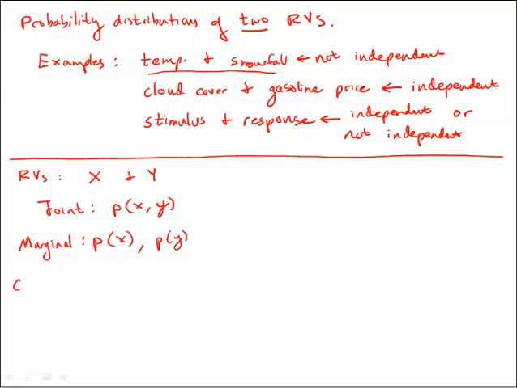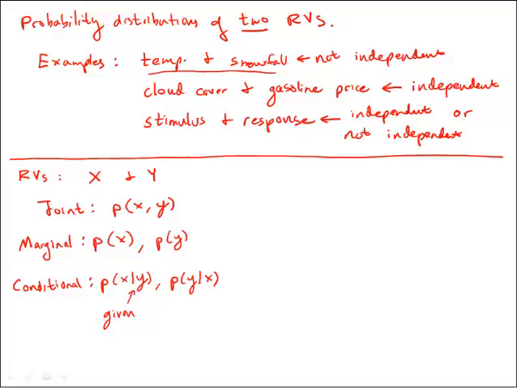Lastly, we have conditional distributions. Our conditional distributions are P of x given y, where this little bar is a "given" symbol, or "conditioned upon" symbol, and P of y given x. So in a conditional distribution, you might say, what is the probability that the temperature is 5 degrees Fahrenheit given the fact that the snowfall was 3 inches today?